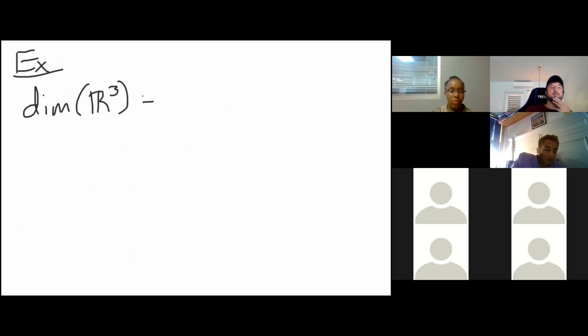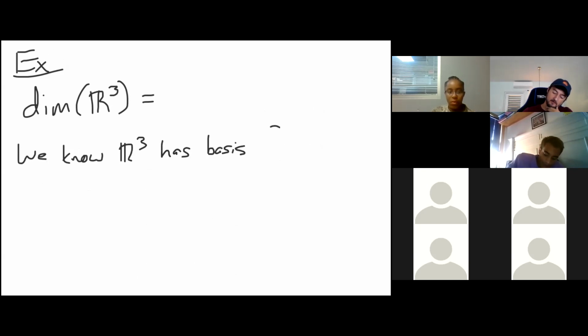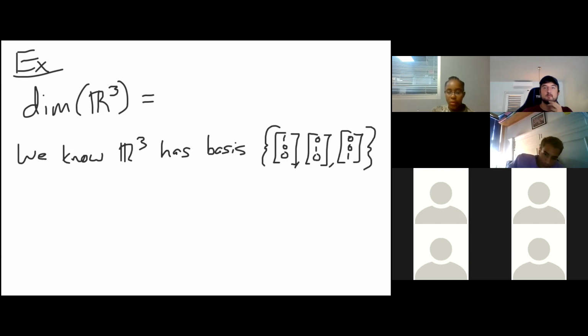So I can answer questions something like this, like what is the dimension of R3? Well, we know R3 has the basis (1, 0, 0), (0, 1, 0), and (0, 0, 1). We can show this set of 3 vectors is linearly independent.